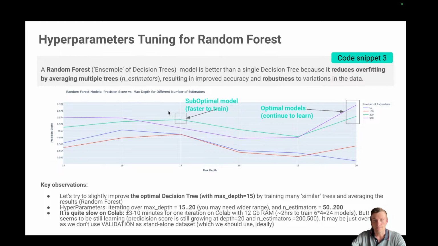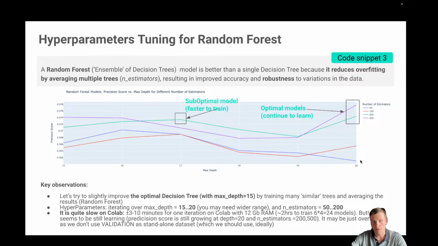And there are two more results here. The lines with more estimators, 500 or 200, tend to deliver a slightly better precision score, so they are higher than the red and blue lines with fewer estimators. And they tend to show better training when I increase the maximum depth.